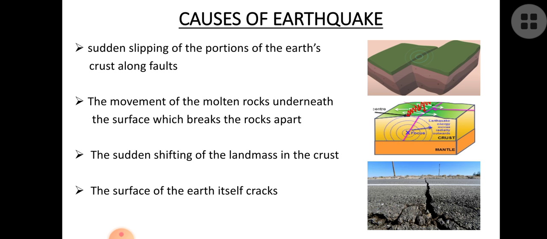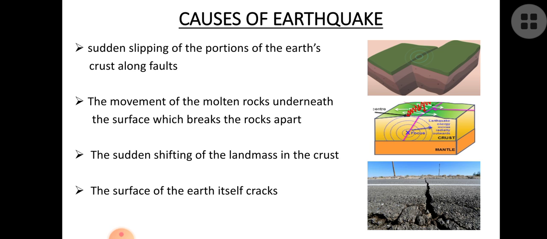So what are the reasons why earthquakes are caused? How are they caused? Okay, the first point is sudden slipping of the portions of earth's crust along the fault. Fault is the side corner, the edge of the land.